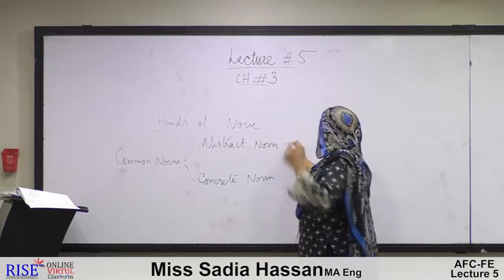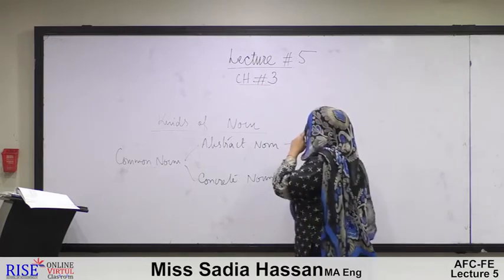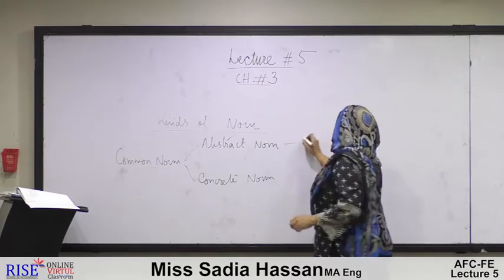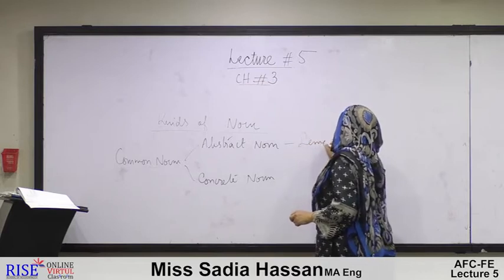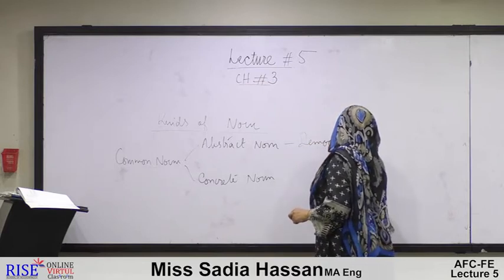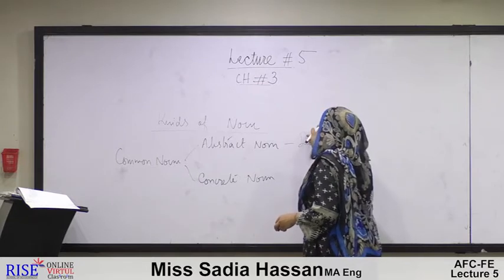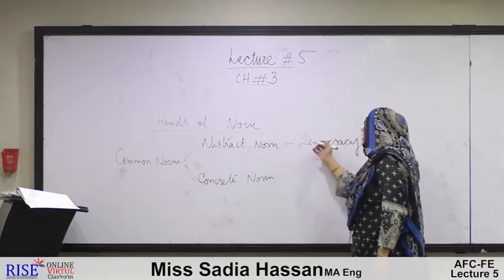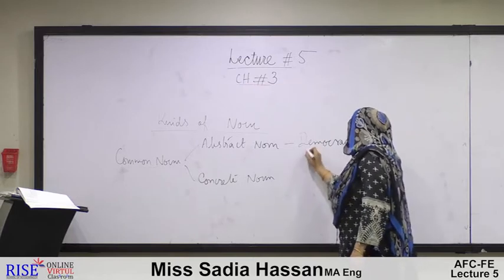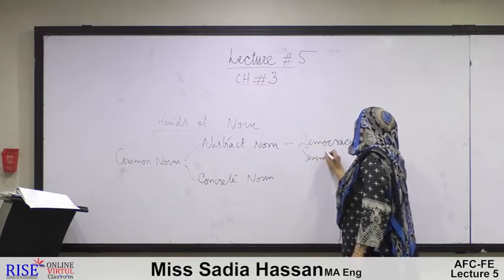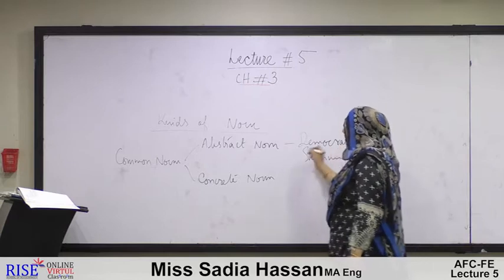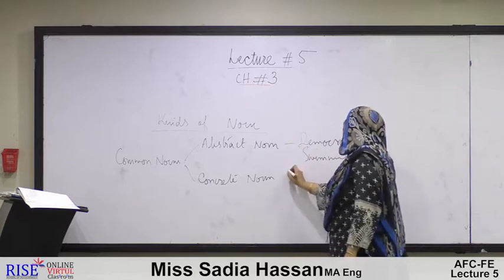The examples: we have already studied in the definition that democracy is a concept, and that is an abstract noun. That is an idea, that is an abstract noun. Fine. Swimming is an action, that is an abstract noun.